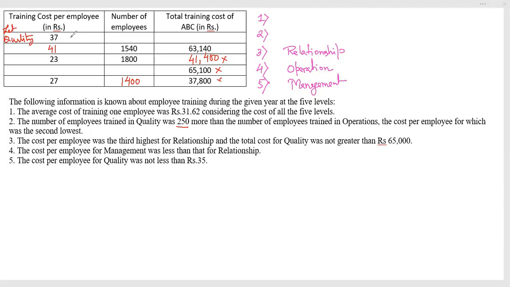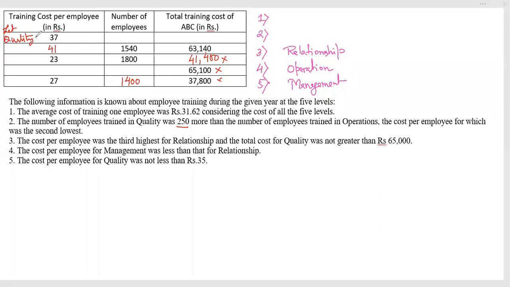Operation, as the last two, can be within this value of 4 and 5. This is also possible. The third and 5, 4 is also possible.